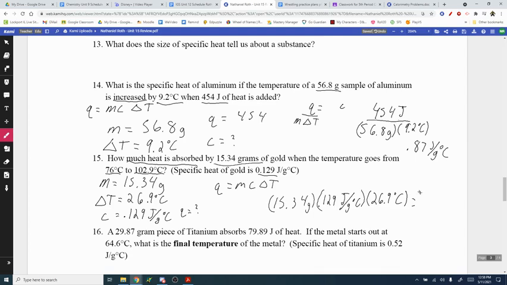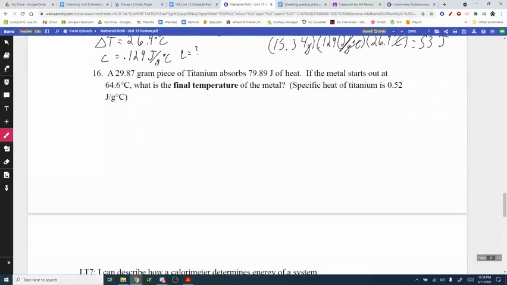And that gives us 53 joules. Okay, because grams is right here, grams is on bottom here, so that cancels out. Degrees Celsius right here, degrees Celsius on bottom right here, so that cancels out. We're left with joules. And there we go.